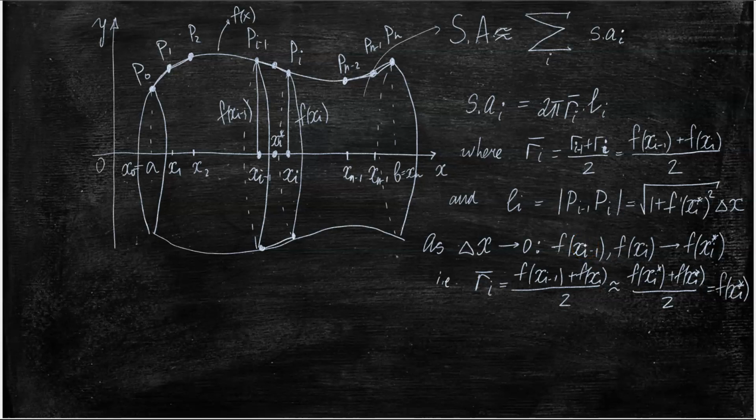And finally, we now can put it all together. So the surface area of the ith frustum can be found with this formula: 2 pi f of x i star times L i, which is the square root of 1 plus f prime x i star squared, delta x.